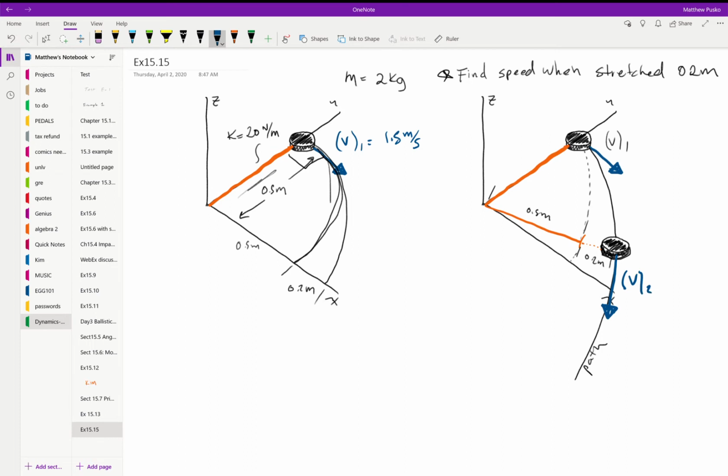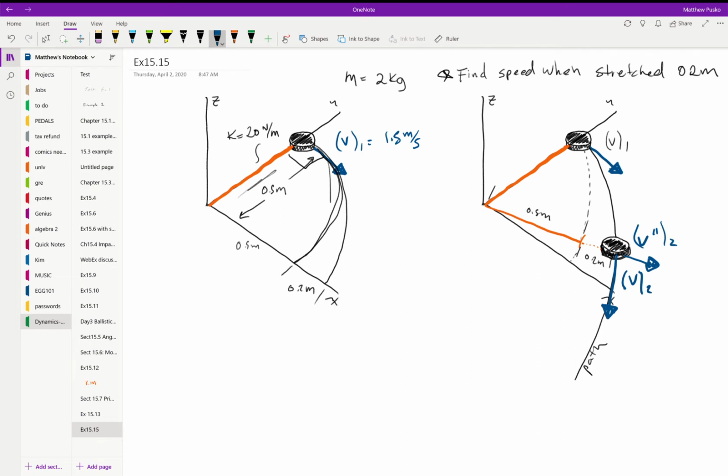We also have a radial component. This is how much it is stretching, or the rate of change at which it is stretching, and that's going to be out from our radial direction, like so. Let's call that v double prime at 2.